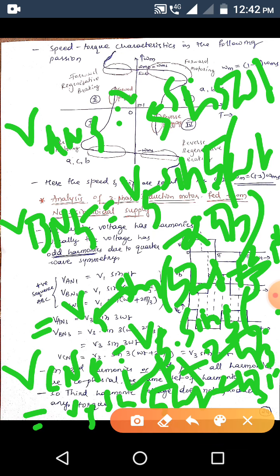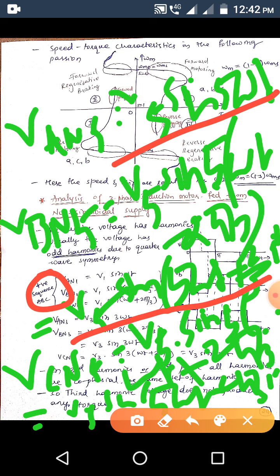So whatever we have in the first harmonic, we have the positive phase sequence here. Here we got the reverse of this, V5 sin 5 omega t. In Vbn1 it is V1 sin(omega t minus ...), but here it is a plus.